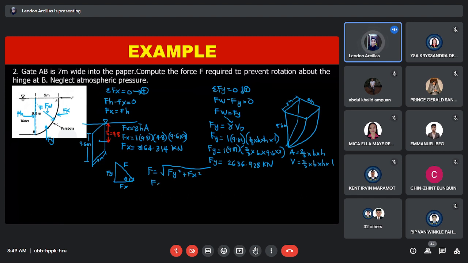F there is equal to 2636.928 squared plus F of X 3164.314 squared.